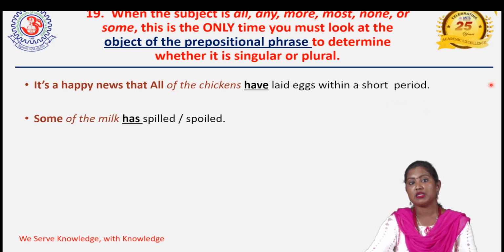Chickens is a plural form, so as per subject verb agreement, the verb should agree with the nearest noun. And "some of the milk has spilled or spoiled." Some has to be treated as singular here. We have to find the object of the prepositional phrase and, based on that, decide singular or plural, because it is "chickens have" and "some of the milk has." These are the differences we have to make a note of.